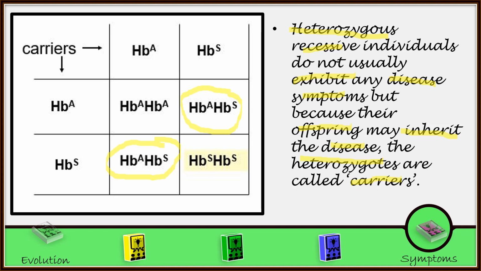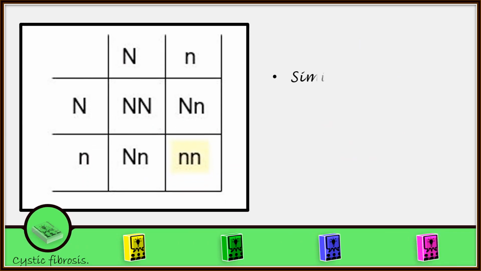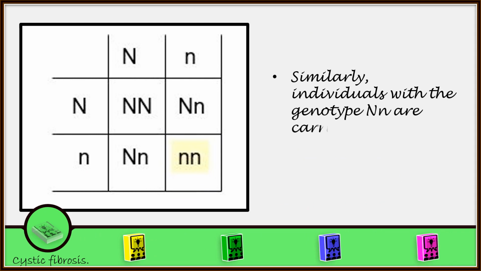So the heterozygotes, we refer to them as carriers. Similarly, individuals with the genotype capital N, small n, they are also carriers for cystic fibrosis.